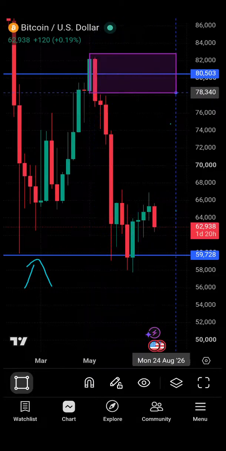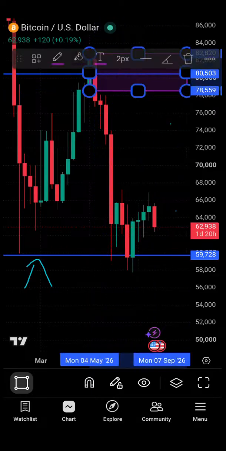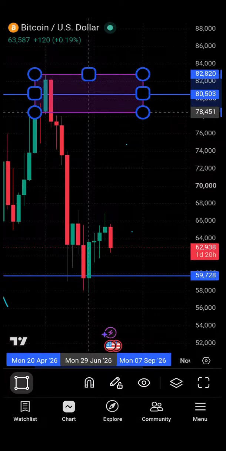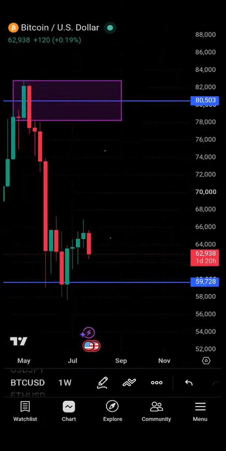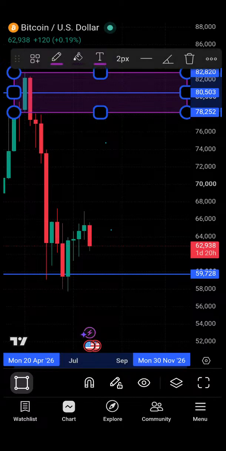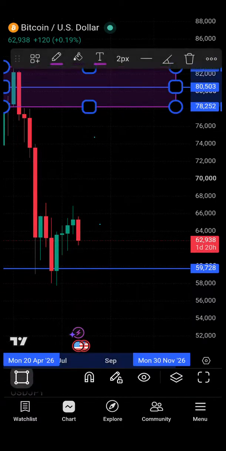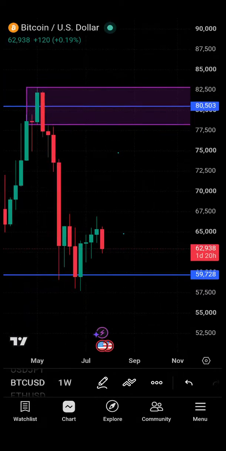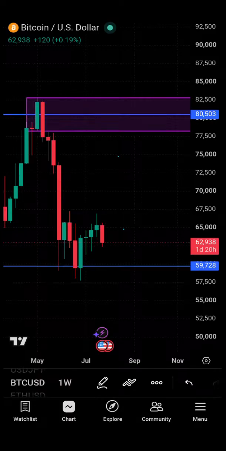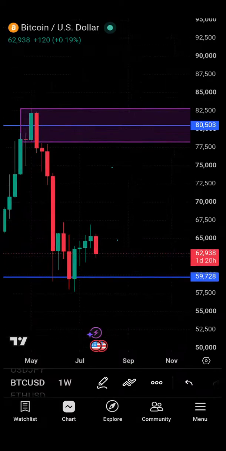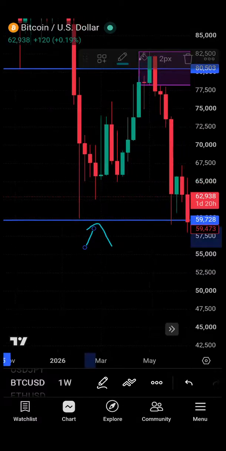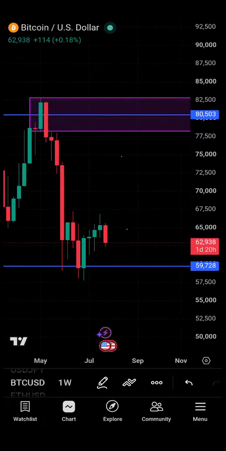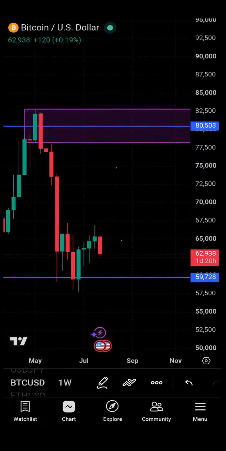We have an area here that we need to mark, because around this area, that's where we need to watch what Bitcoin does. Because if we ignore here and continue holding our buy entries, we might end up making a loss. So it's very important for us to mark this area, because it is an area of sensitivity.